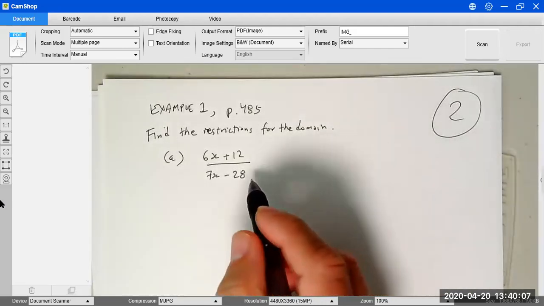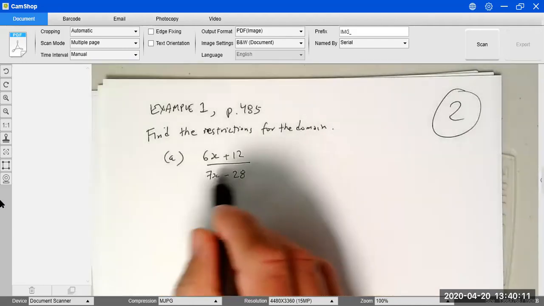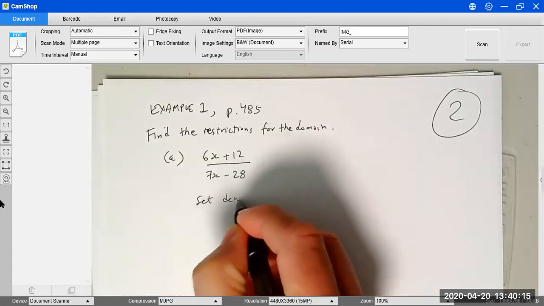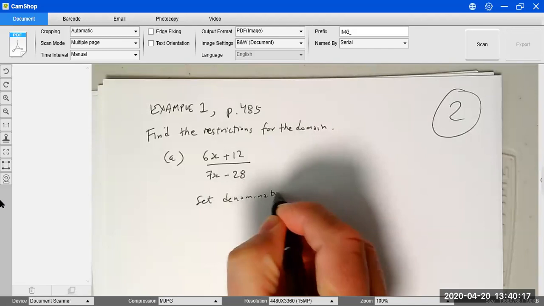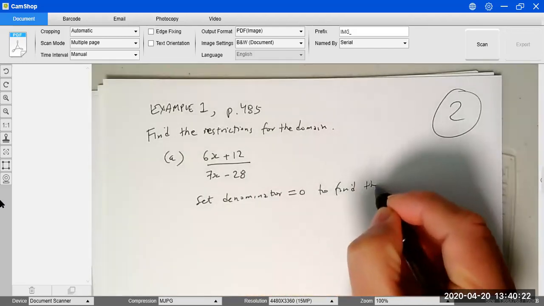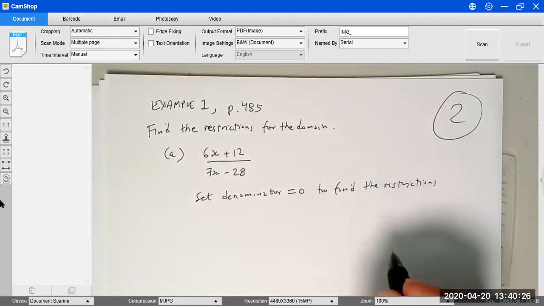But to find the restriction, I only focus on the denominator. So I'm going to set the denominator equal to 0 to find the restrictions for the domain of this rational expression.